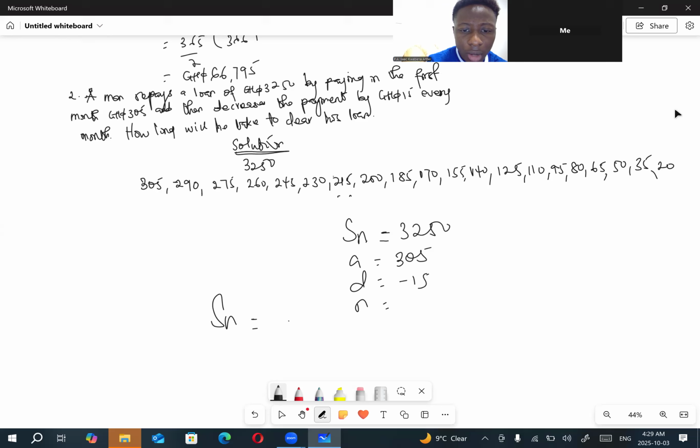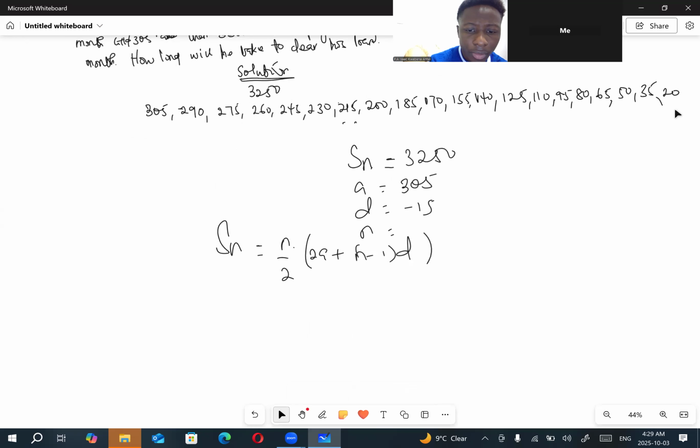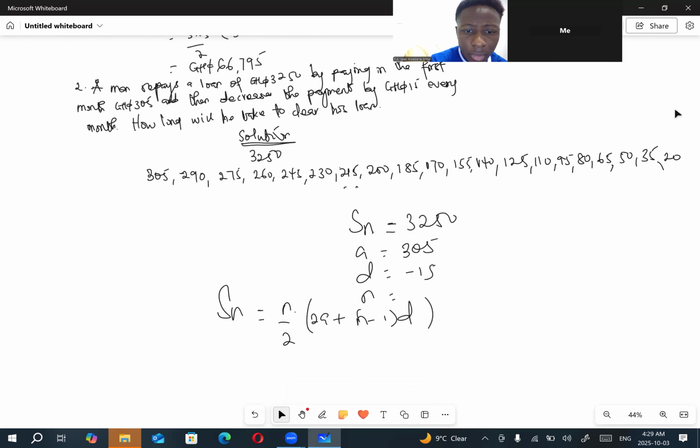Yes. So that will be n over 2 into bracket 2a plus n minus 1 d. That's the sum of the terms, which you already know to be 3250.